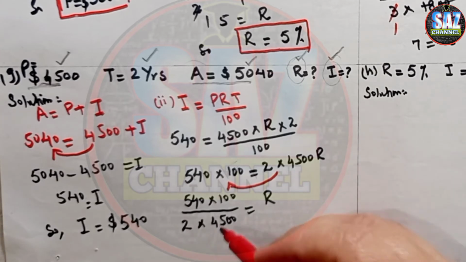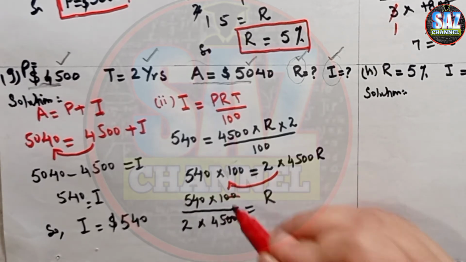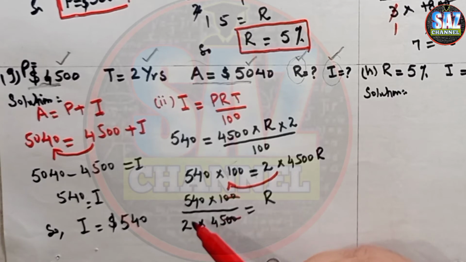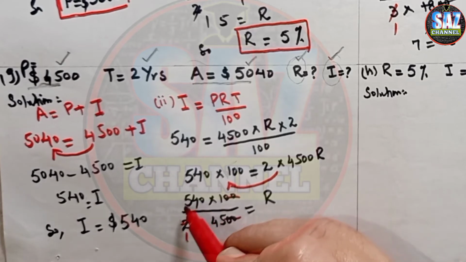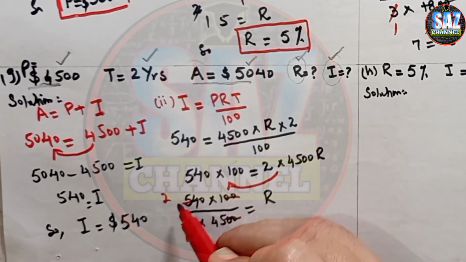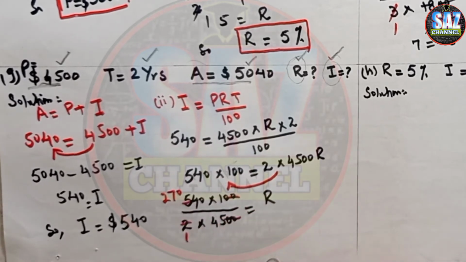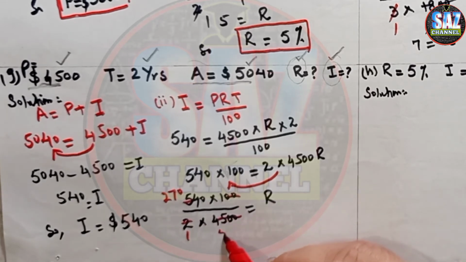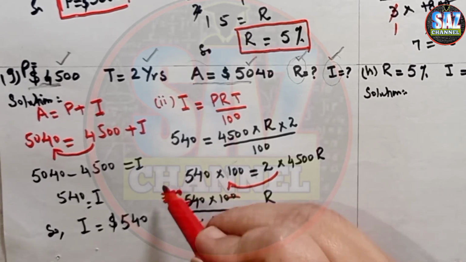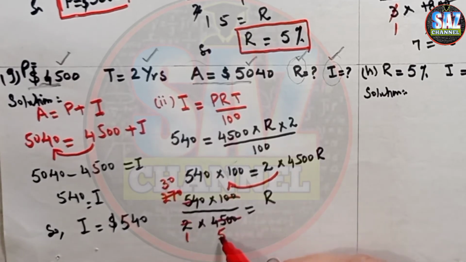Now how to simplify this? Very easy. These two zeros can go with these two zeros, and I'm left with 540 upon 2 multiplied by 45. The table of 2 is suitable for 540. Now 5 fives are 25, and 9 fives are 45, and 5 sixes are 30.